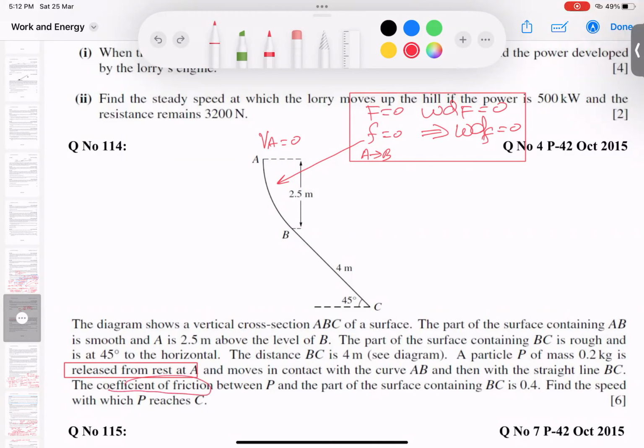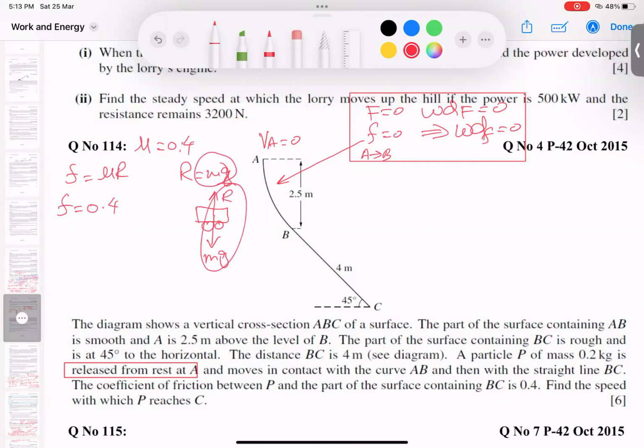The coefficient of friction is 0.4 for BC. I repeat my words here and write it: mu given is 0.4. All of you know F equals mu R, and mu is 0.4. What is R? R equals mg. The reason is that whenever a particle is placed on the earth, its weight mg acts downward and R acts upward, so R and mg are equal.